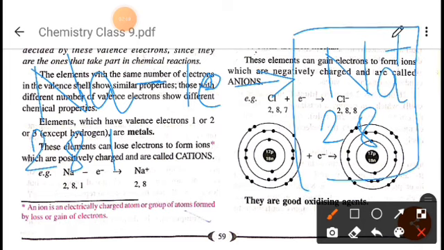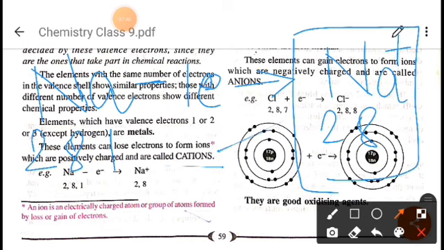This ion, which formed after releasing an electron, is called a cation.